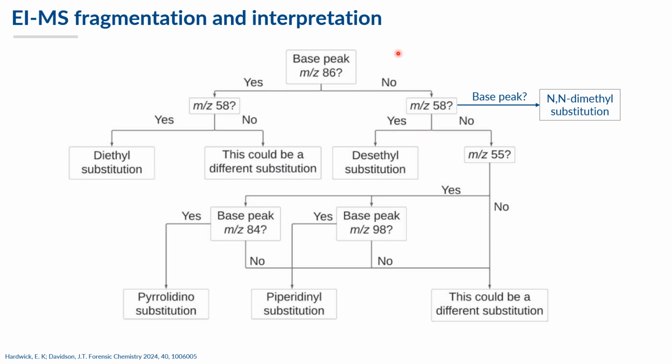If you see neither 86 nor 58, but you see a peak at 84 and a secondary peak at 55, you likely have a pyrrolidino substitution. If you see a peak at 98 and a secondary peak at 55, you likely have a piperidinylbenzimidazolone substitution. If you don't see a peak at 55 or any of these peaks, this could be a completely different substitution altogether.